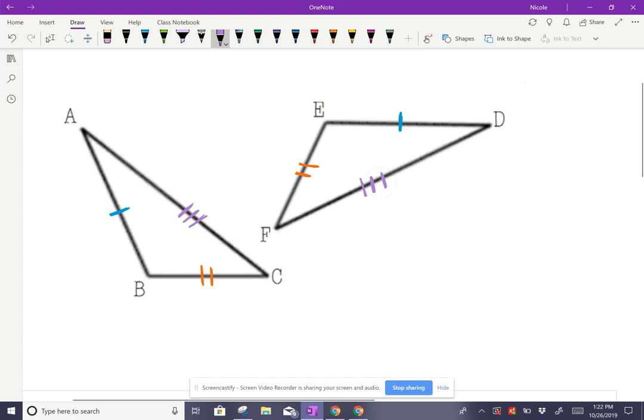And if all 3 sides have a corresponding congruent piece, then those triangles are congruent. So I can say triangle ABC is congruent to triangle DEF by this wonderful shortcut called side, side, side, because we're talking about the 3 sides. So by side, side, side, or SSS, we know that these 2 triangles are congruent. So that's one of our shortcuts.